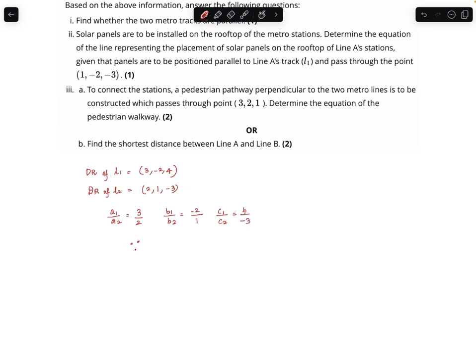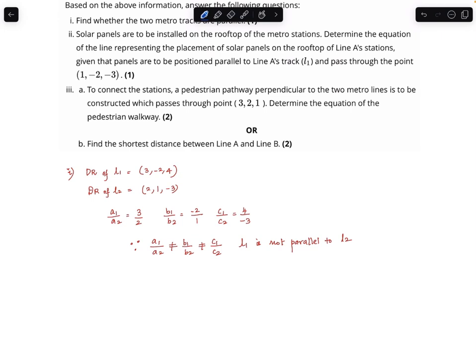Since the ratios are not equal, the line L1 is not parallel to L2. So this is the answer for question 1.